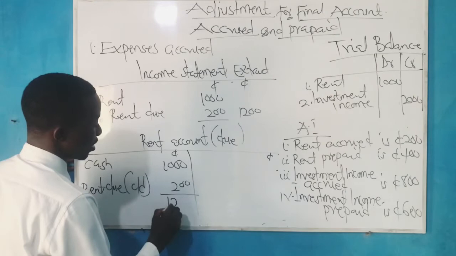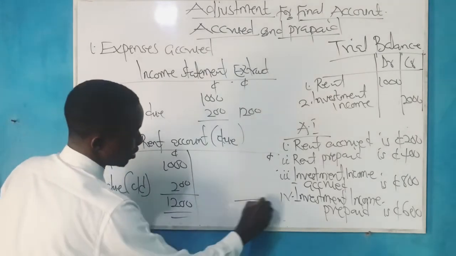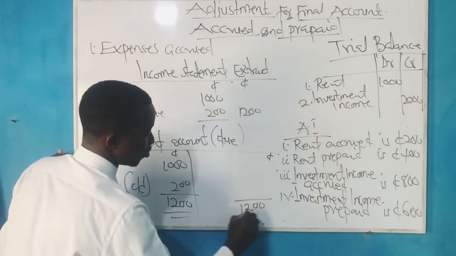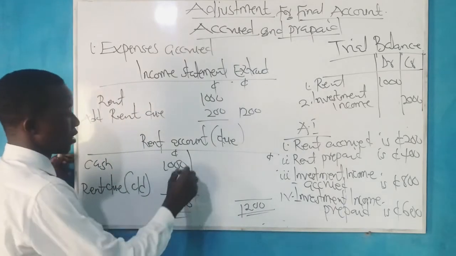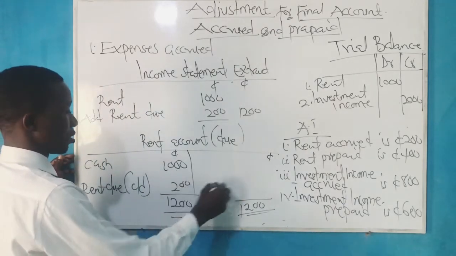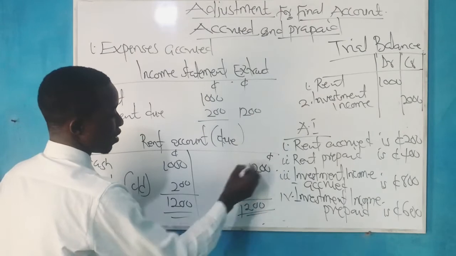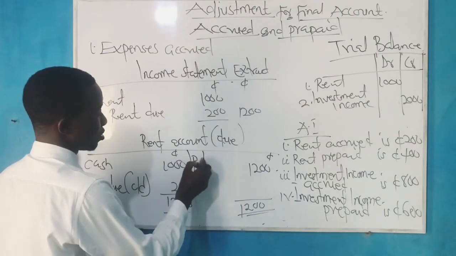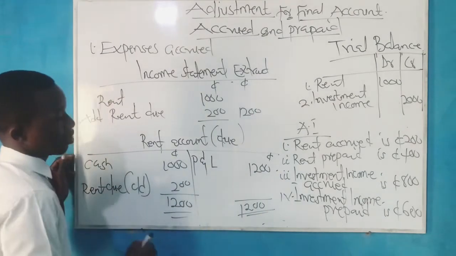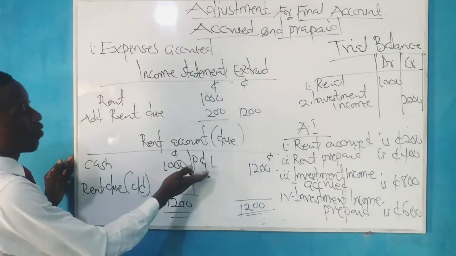So the total will give us 1,200. This must also give us 1,200, okay, and then we will be recording this.